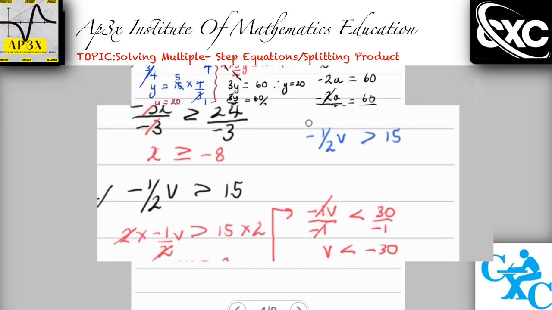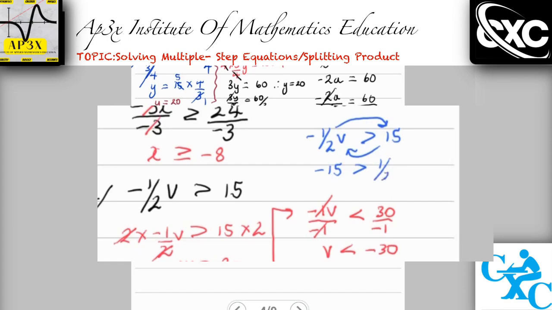I could have swapped the position of the minus a half v with the 15, which allows the coefficient of my subject to be positive. So then I would have ended up with negative 15 greater than positive a half v.